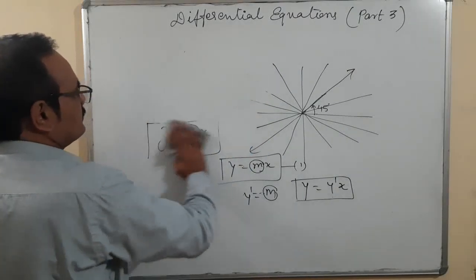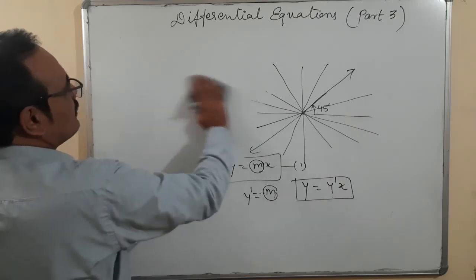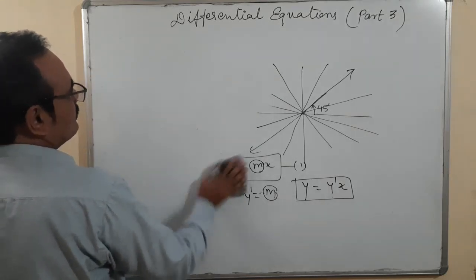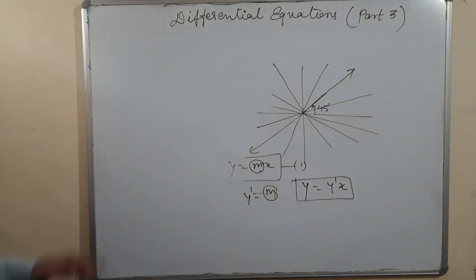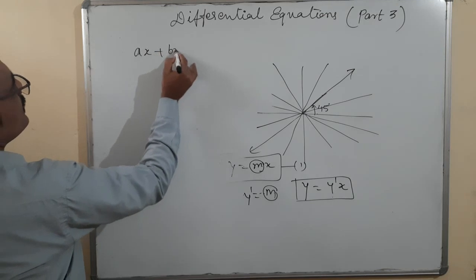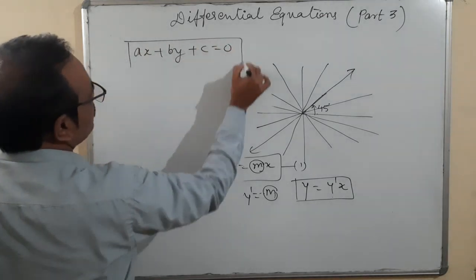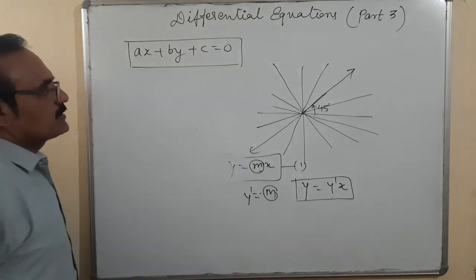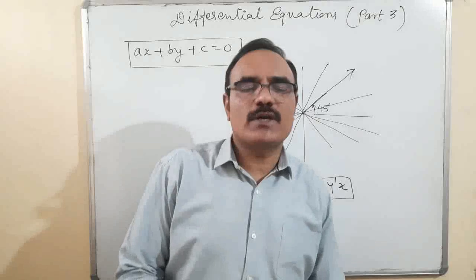Second, suppose a general equation of a line is ax plus by plus c is equal to 0. This is the equation of a line. This line can be anything: a is the coefficient of x, b is the coefficient of y, and c is a constant term.